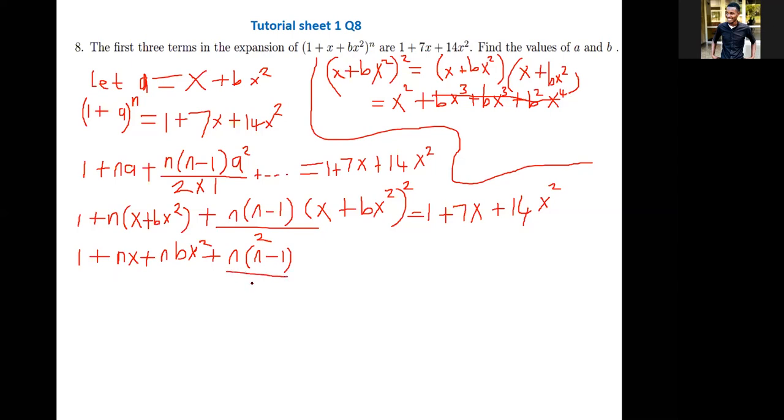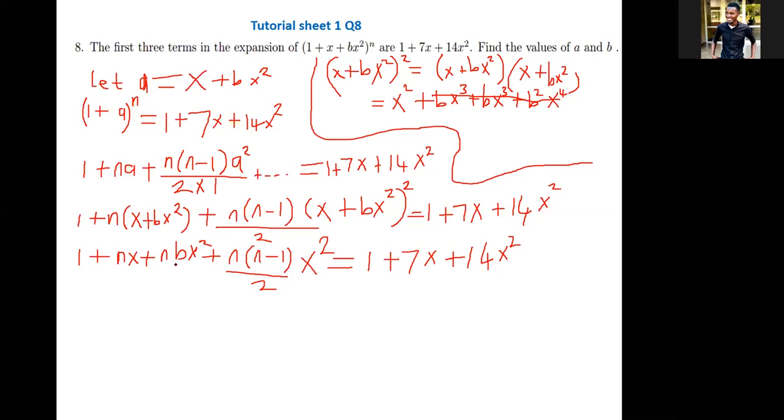Then over 2, and here, instead of writing everything this side, I'm just going to get x squared. That is equal to 1 plus 7x plus 14x squared.